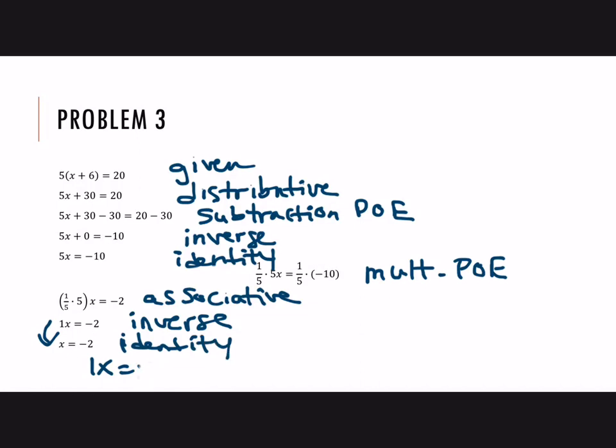A couple notes about this one. Some common mistakes. One common mistake is to mix up these inverse and identity properties. A lot of people see this 0 and think, oh, that's the identity property. Well, go back to what the identity property actually says, which is that something plus 0 equals itself.